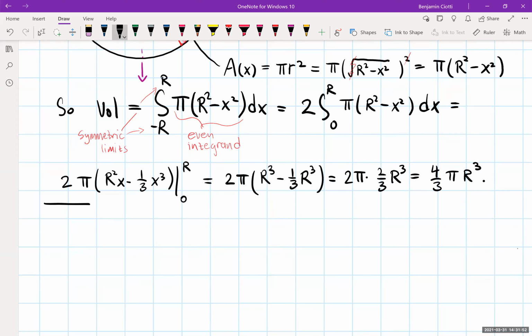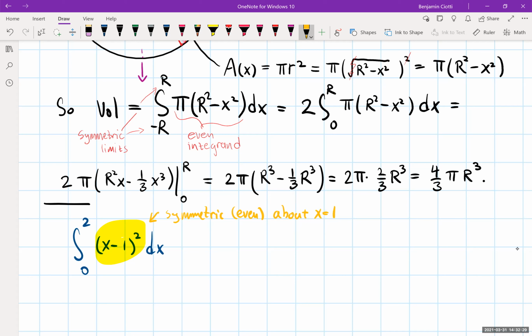For example, what if you wanted to integrate x minus 1 squared from 0 to 2? This function right here is symmetric, that is to say even, about the line x equals 1.